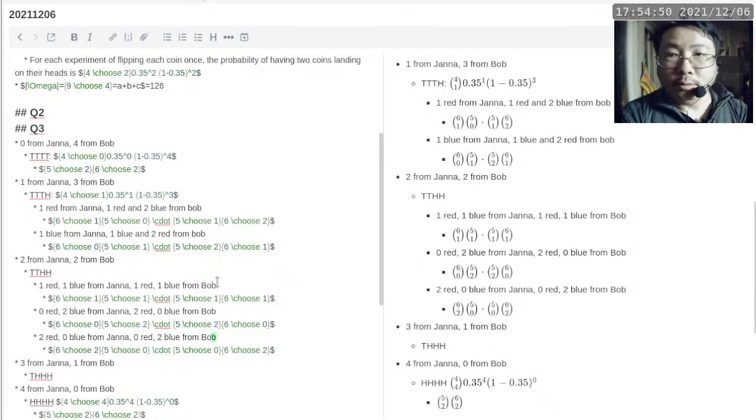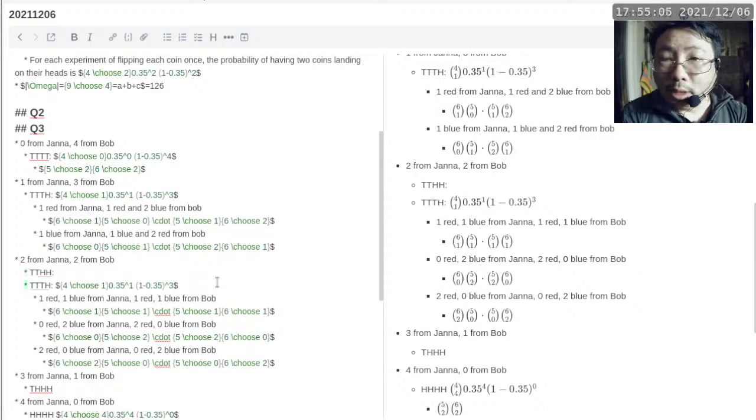And the only thing that's remaining is the binomial distribution in this case. So this time we have 2 heads and 2 tails. That means we have 4 choose 2, because that represents the ways of flipping the coins and having 2 heads and 2 tails, where the ordering is not important.